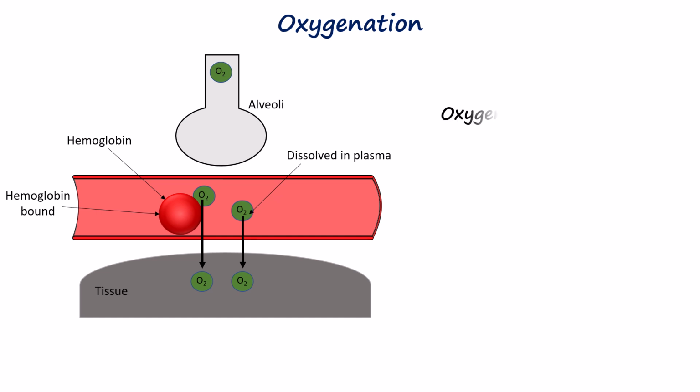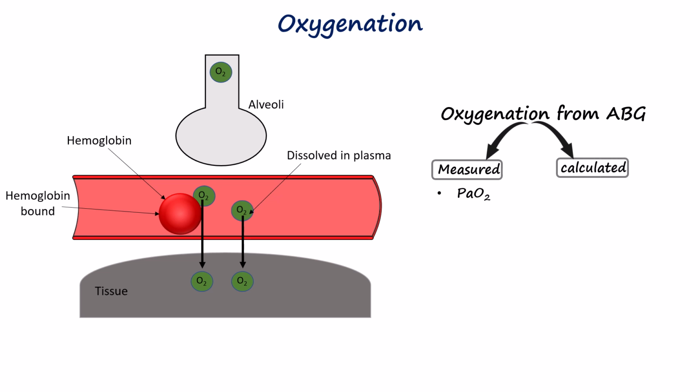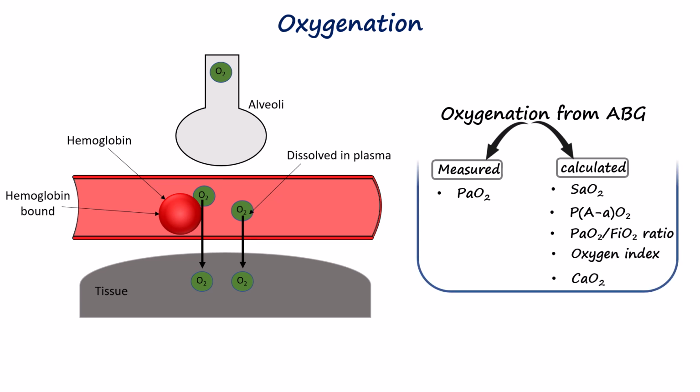The oxygenation parameters that can be obtained from an arterial blood gas analysis include directly measured values like the partial pressure of oxygen, as well as calculated indices such as the oxygen saturation, alveolar-arterial oxygen gradient, PF ratio, the oxygenation index, and arterial oxygen content. Let's look at these parameters one by one.